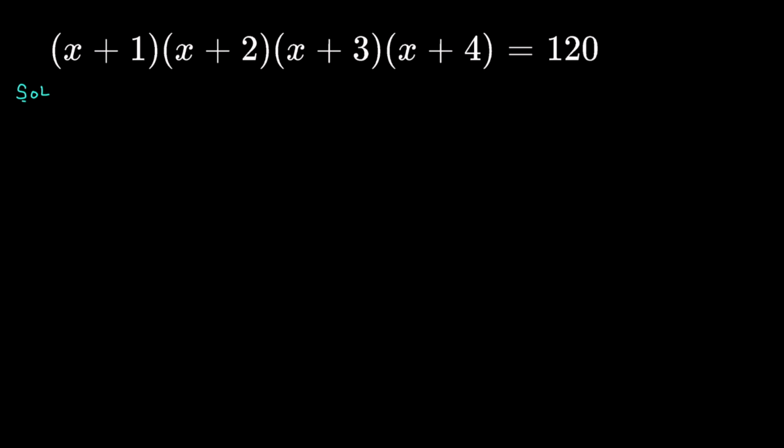So let's solve it. The basic trick is that here we see 1, 2, 3 and 4, so basically these numbers must be in AP. In other words, if I add this 1 and this 4, we get 5, and here we get 2 and 3, we again get 5.